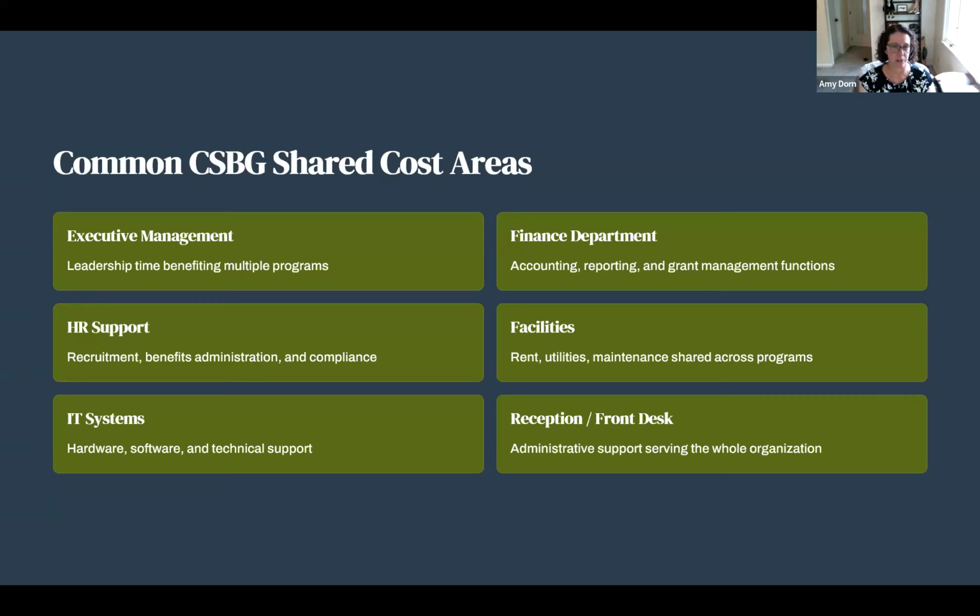IT systems are a shared item because they're maintaining everybody's computer. Finance, facilities or occupancy, that's probably the one that most people use as an example when they talk about this, just because it's very easy to talk about. That's the one I tend to use as well.